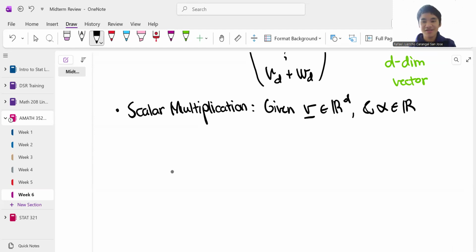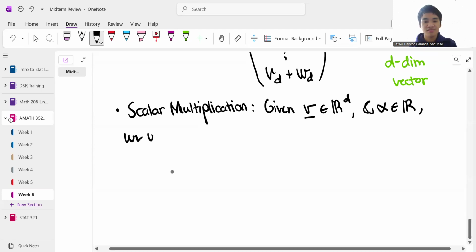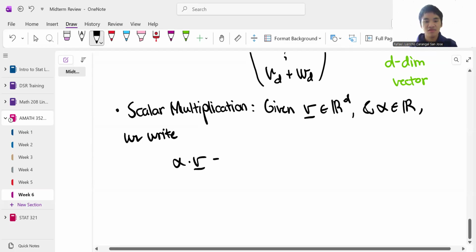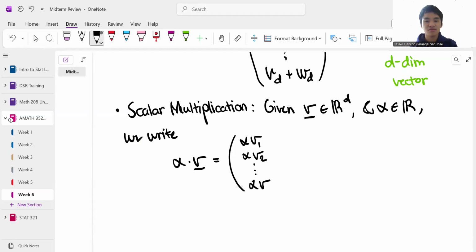It's a real number. So we're going to write, alpha times v is just alpha, we're just multiplying alpha to each component of the vector.